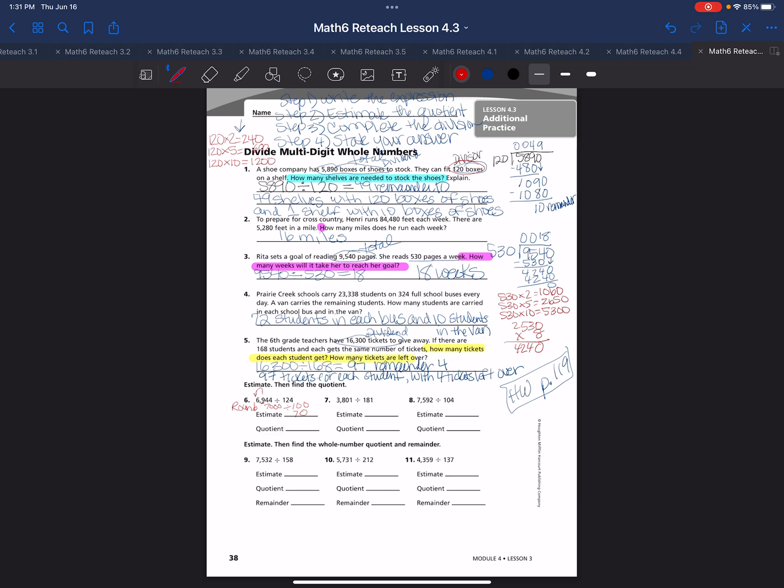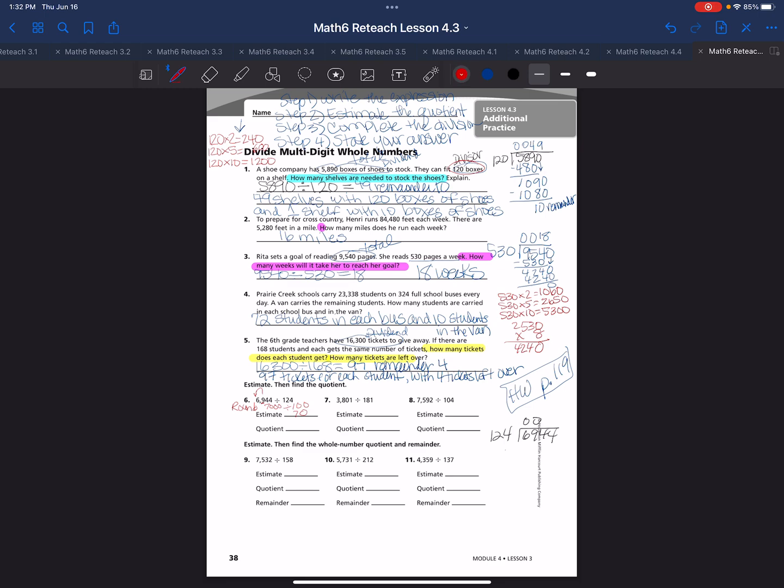So now let's do the division and see if we got close to that using our estimate. 6,944 is my dividend and 124 is the divisor. Can 124 go into 6? Nope. Can 124 go into 69? Nope. Can 124 go into 694?